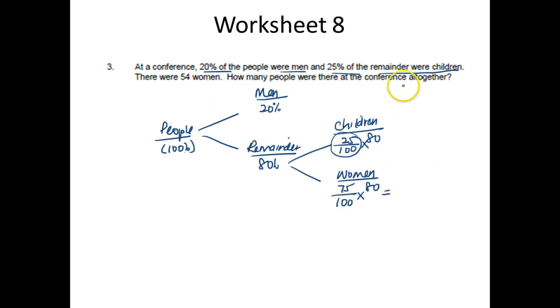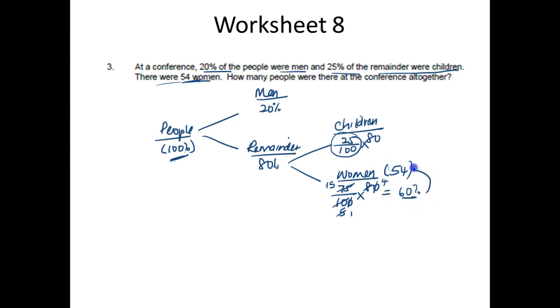How many people were there at the conference altogether? Altogether means I want to find 100%. So from here, I know that if I divide by 2 is 4, by 2 is 5, divided by 2 is 15. 15 times 4, the answer is 60%. So 60%, there are 54 women.